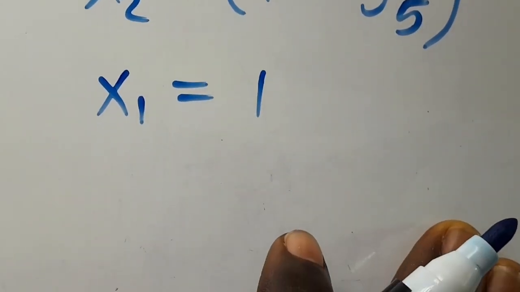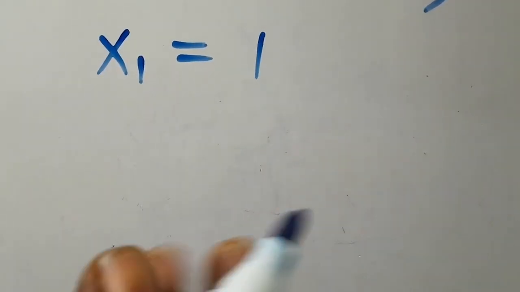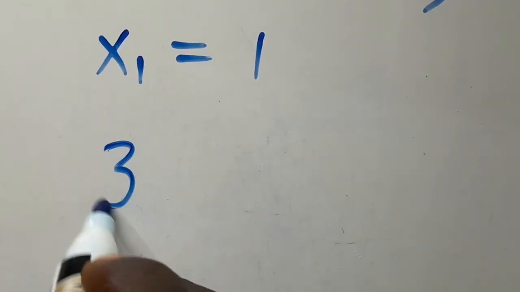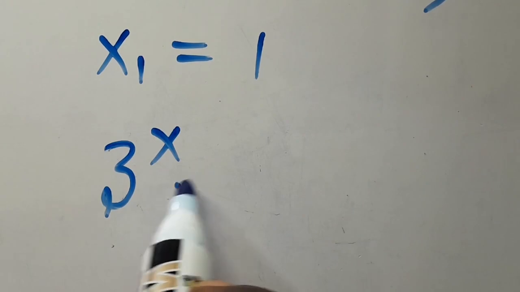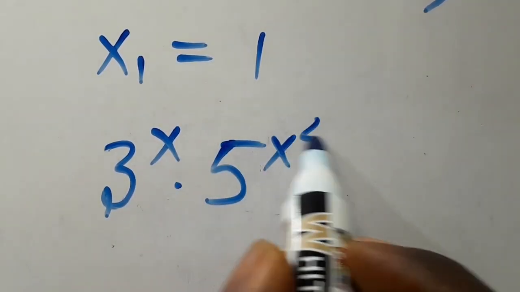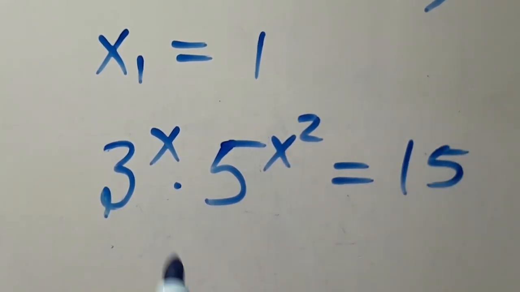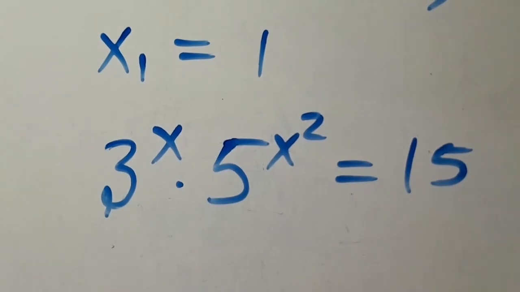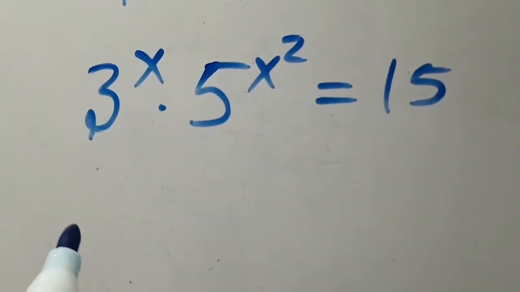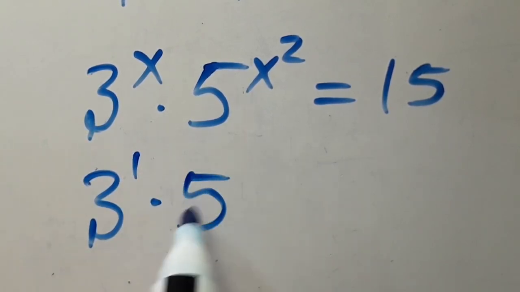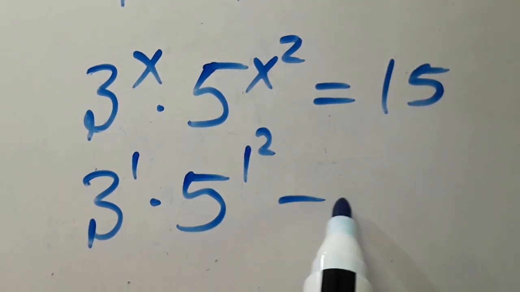Now to check, we have 3 to the power of x multiplied by 5 to the power of x squared, which equals 15. When x equals 1, let us verify. We have here 3 to the power of 1 multiplied by 5 to the power of 1 squared.